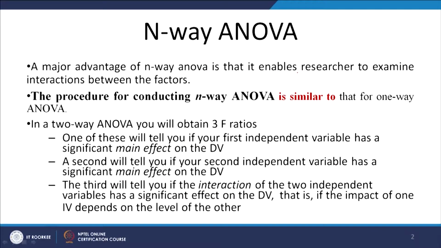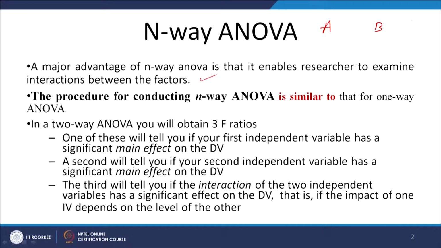As it says, the major advantage is that it enables the researcher to examine interaction between the factors. This is the biggest advantage of the N way ANOVA. In one way ANOVA you had no chance of understanding the interaction effect. In N way ANOVA you have two factors A and B. Now, is there a third factor which is A and B combined together?